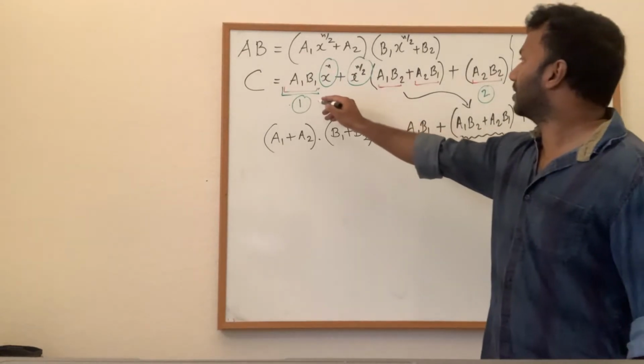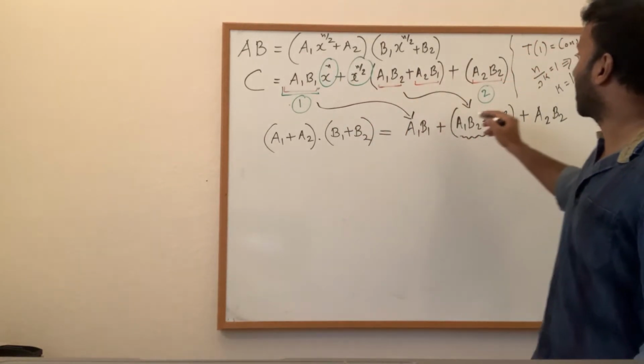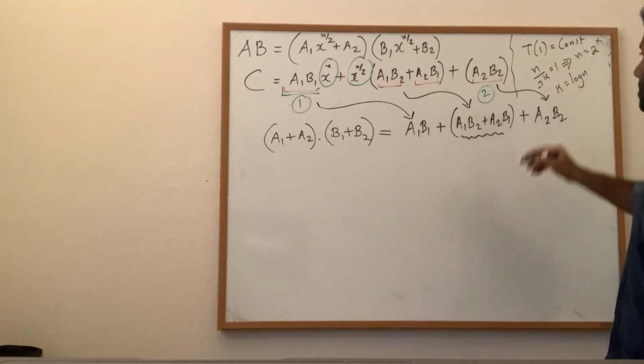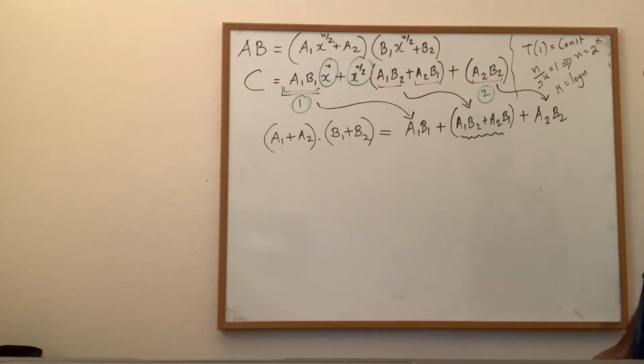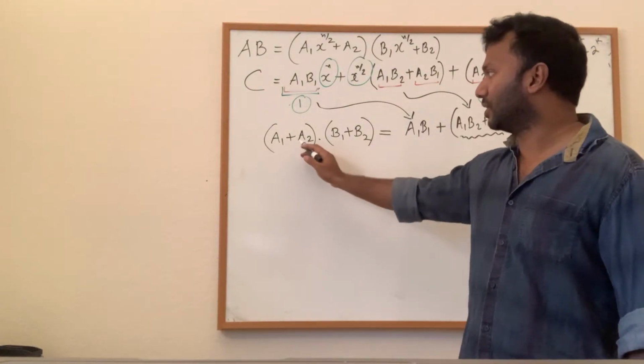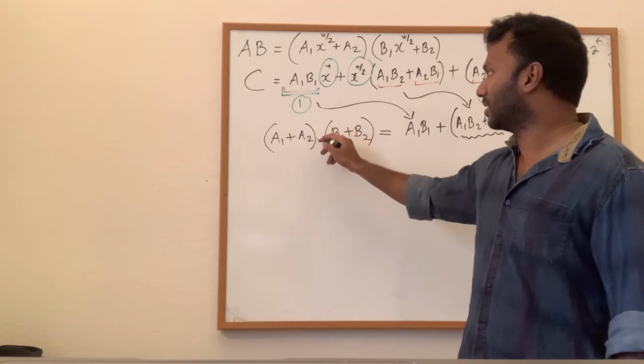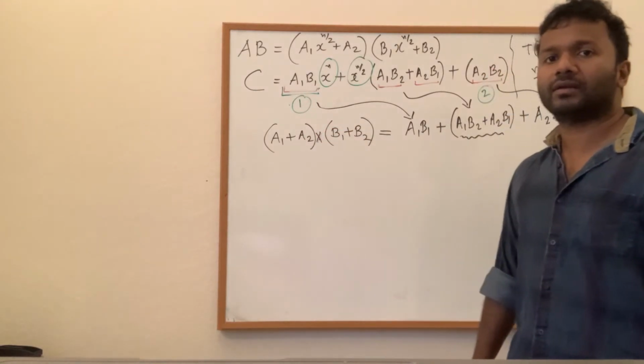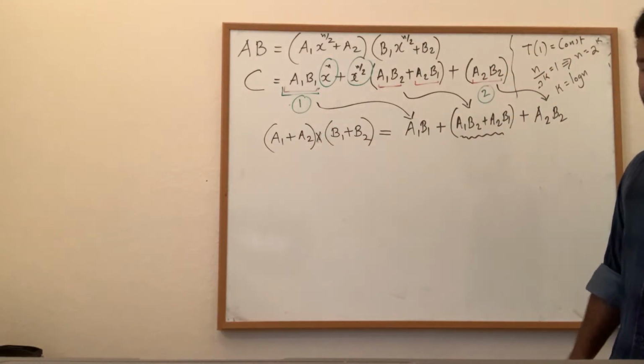And this quantity is here and this quantity is here, right? On the left hand side you need to add a few things, but just one multiplication.